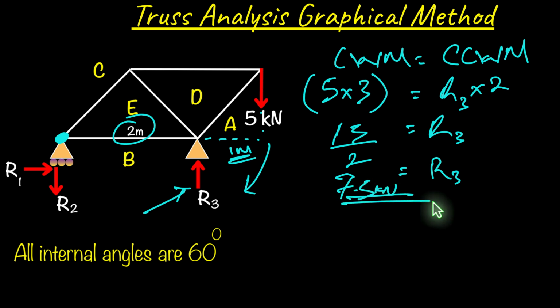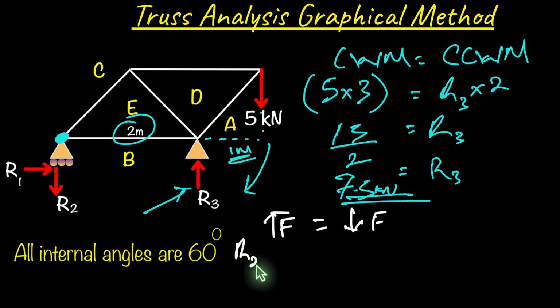So that's R3 done. So for our reaction forces, we're going to say that the sum of our vertical forces should be in equilibrium. So with that, we should see where our R2 plus our R3 for the reactions should be equal to that external force that's going down, which is our 5 kilonewtons.